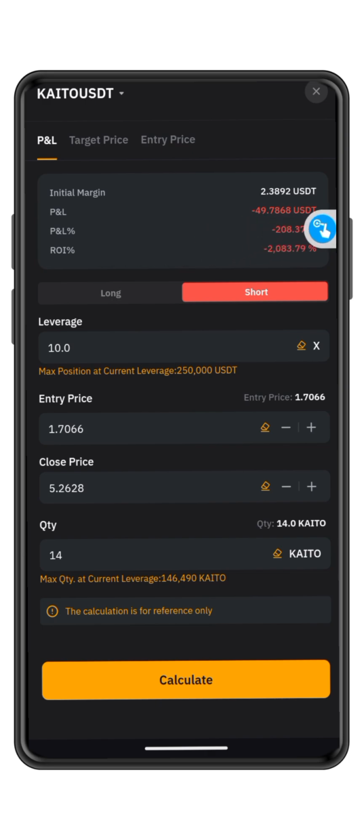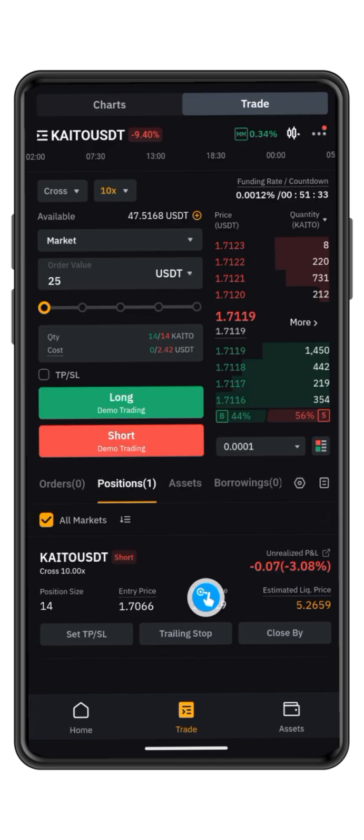Remember, my account balance before I started the trade was $50. So 49.7868, that's what I'm going to be losing. So you can use this strategy to figure out what it's going to take for you to blow your account. Whatever the liquidation price is, you can key it in there to figure out what is going on.